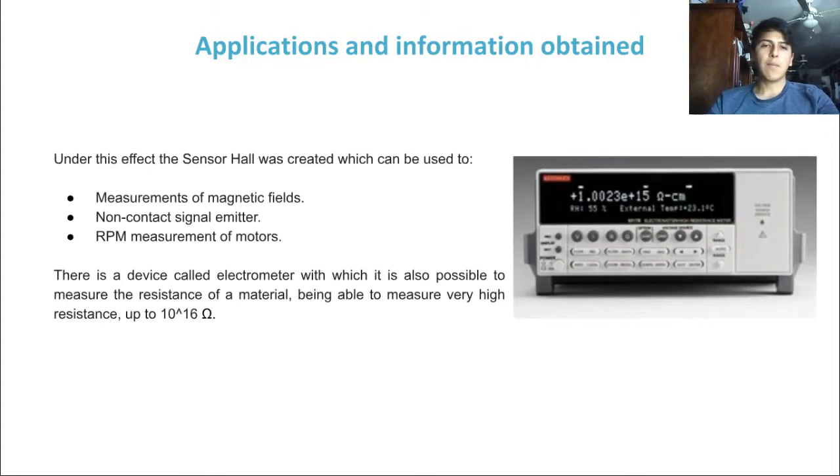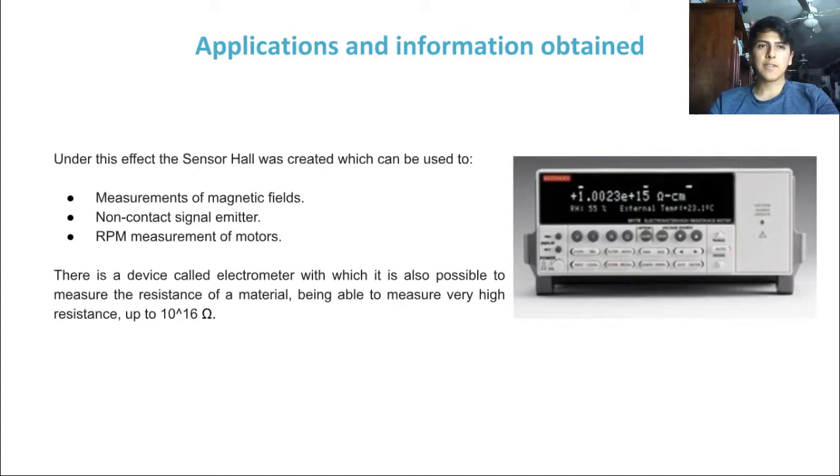And the application of this method: under this effect, the Hall sensor was created, which can be used for measurement of magnetic fields, signal transmitter without contact, and RPM measurement of motors.